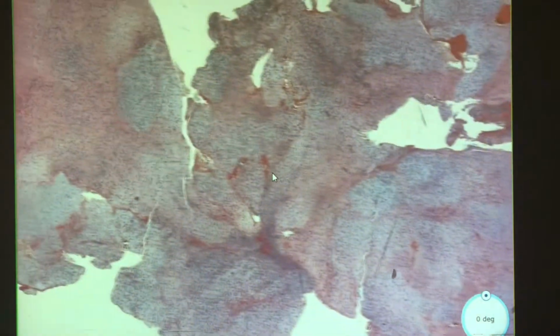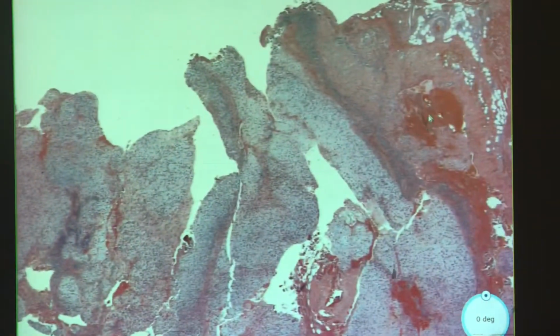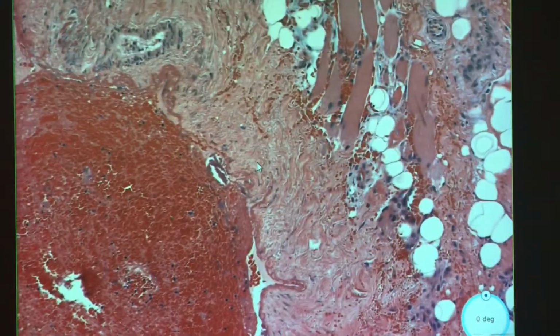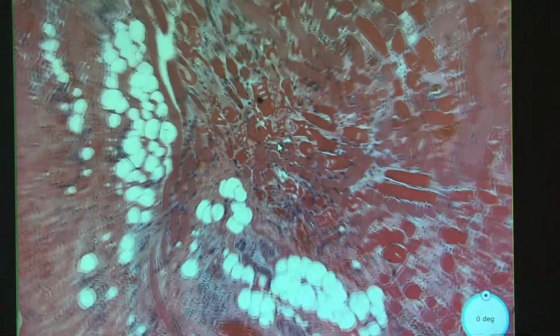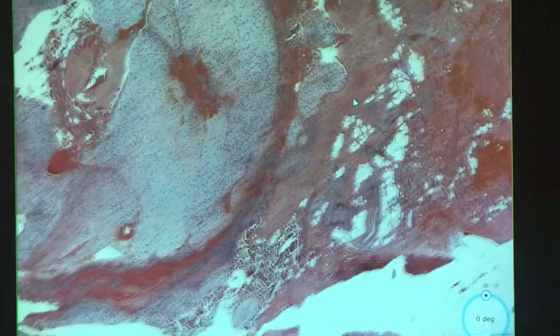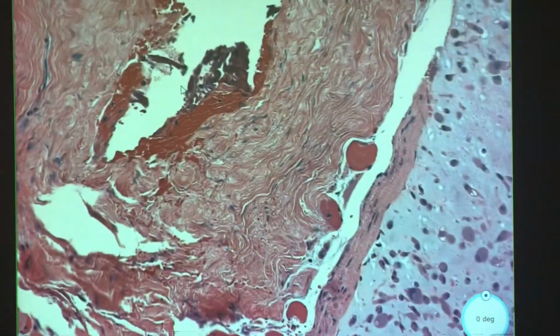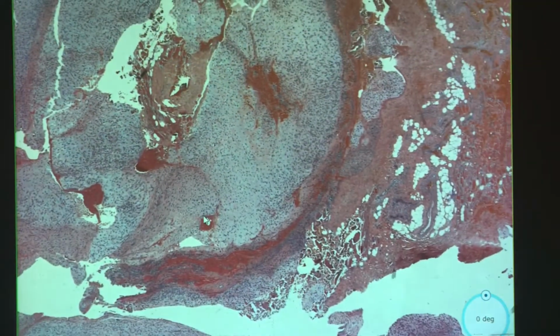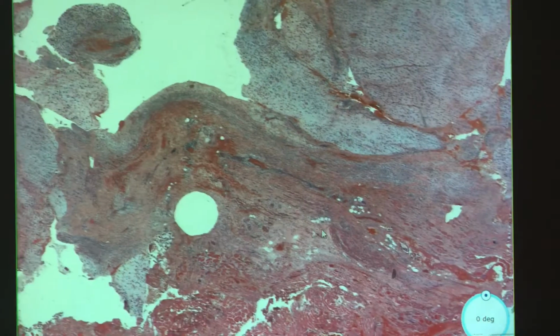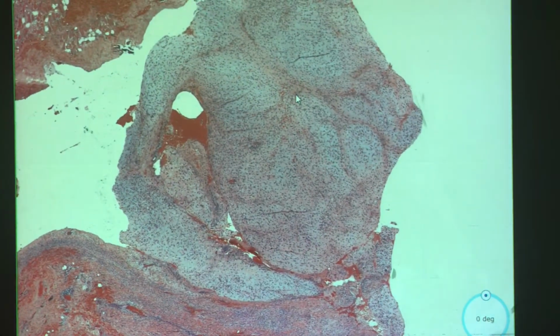Let's see, do we see any areas that maybe look more necrotic or busy? Look at that, just wild. Not seeing anything overt as far as necrosis, which is one of the things that's often associated with these lesions.